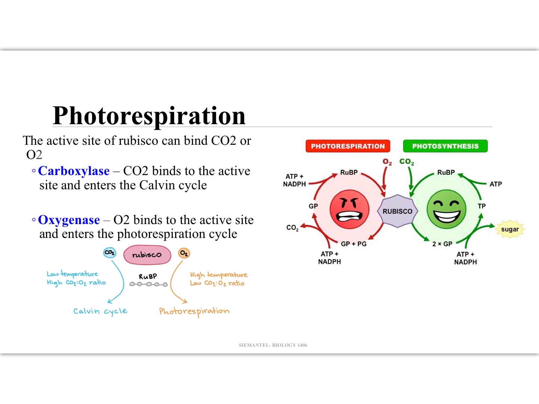So now we're going to talk about the concept of photorespiration. Photorespiration is a situation that can occur because of the enzyme Rubisco. The active site of Rubisco can bind carbon dioxide as a substrate, or it can bind oxygen as a substrate.